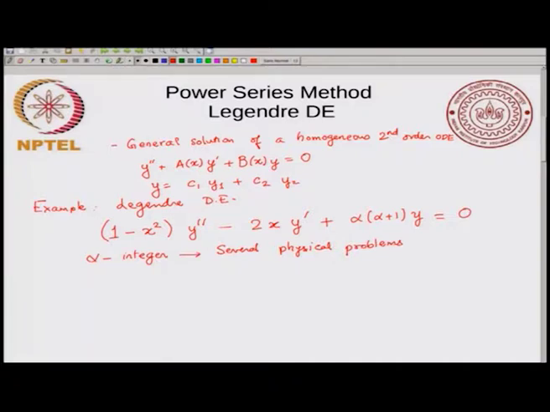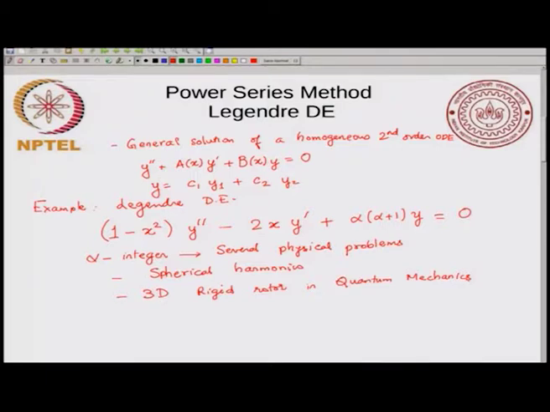One of them we will see later on is what is called spherical harmonics, which is related to the solution of the 3D rigid rotor in quantum mechanics. So, the quantum mechanical 3D rigid rotor is what will be solved using these Legendre polynomials.